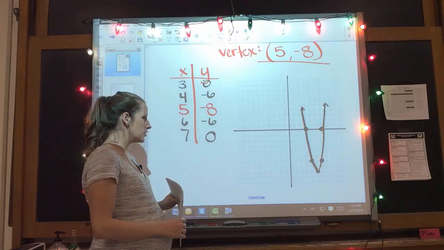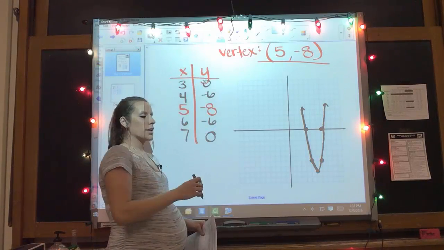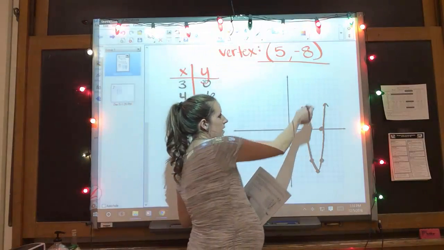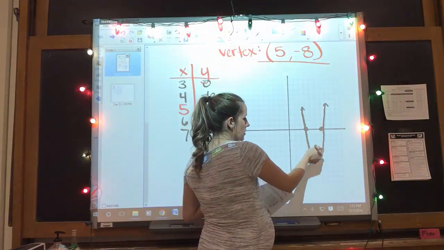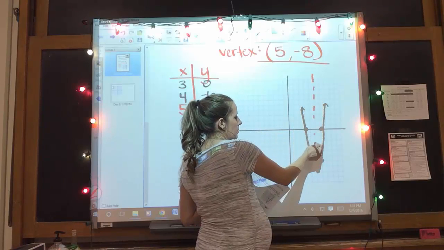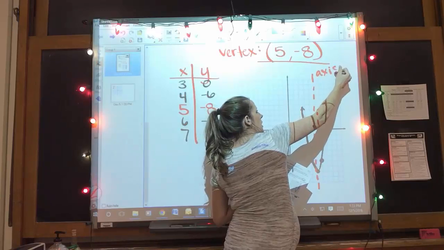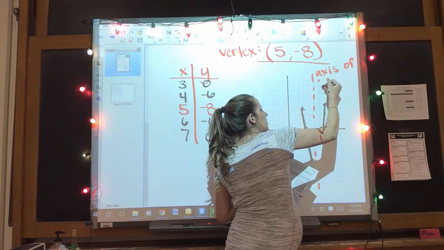One thing I do want to mention, because we're going to use it later on too, there's an axis of symmetry that goes down right through the middle of your parabola. You should remember it from Algebra 1.